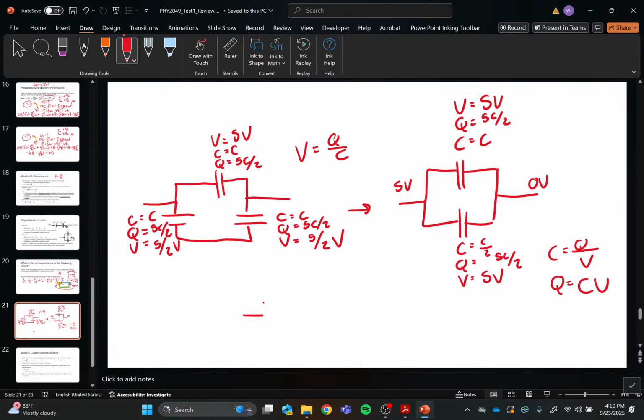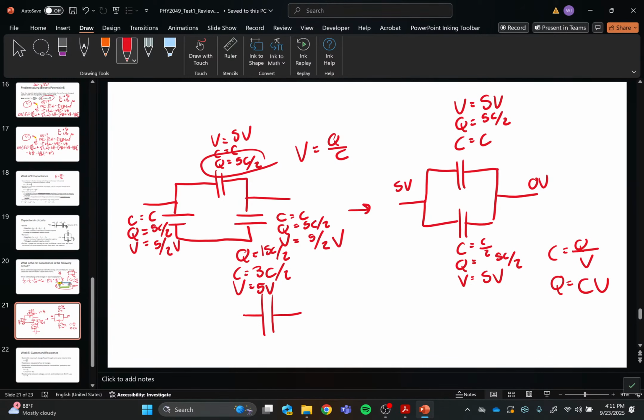But anyway, if I did want to turn this into one capacitor, that's 3C over 2. If you did want to find this one, which it turns out we didn't need to, it's not too bad. It's right here.